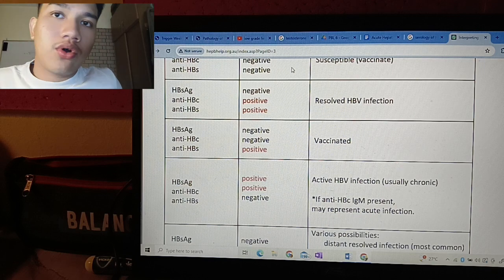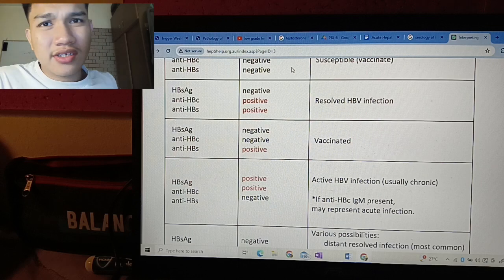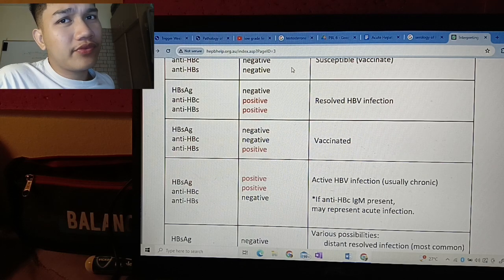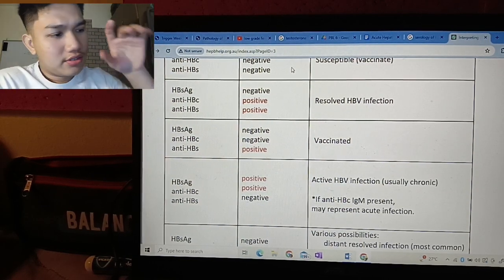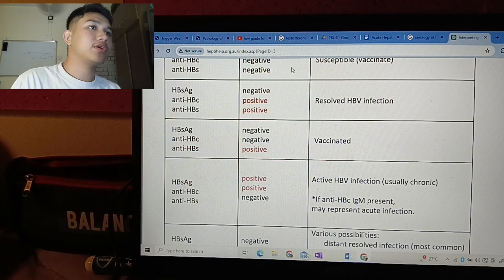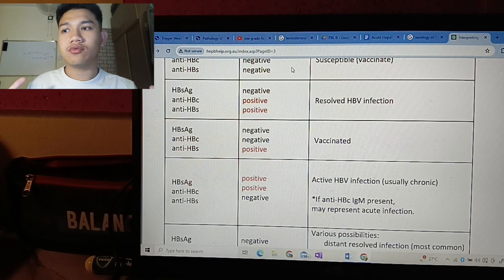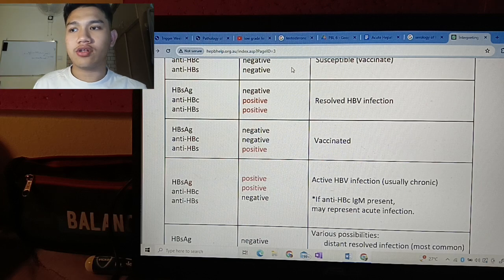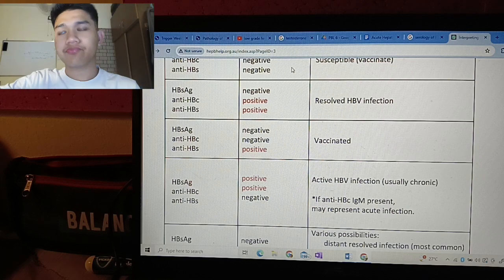Faham? So, second interpretation is bila surface antigen negatif, antibody for core positive, antibody for surface antigen positive. Antigen first invade immune system. Waktu itu belum ada lagi antibody. At that moment of time, body has not contained any antibody against the virus itself mula-mula.